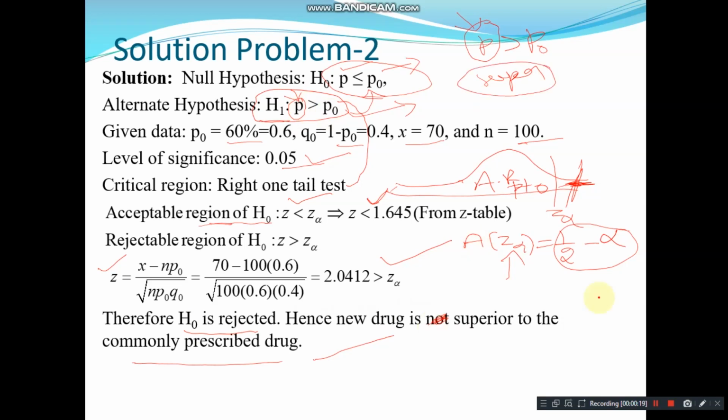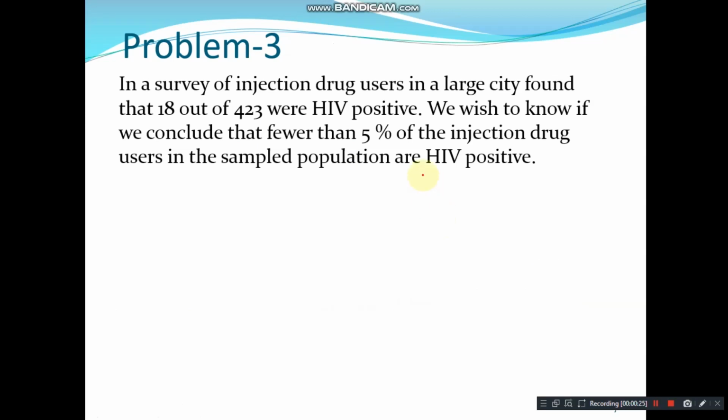Now the next one. A survey of injection drug users in a large city found that 18 out of 423 were positive for a certain disease. We wish to know if we can conclude that fewer than 5% of the injection drug users in the sampled population are HIV positive.